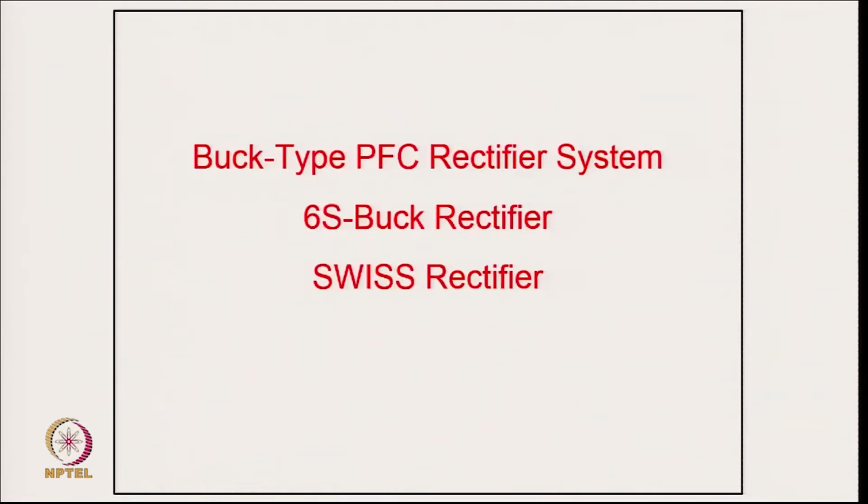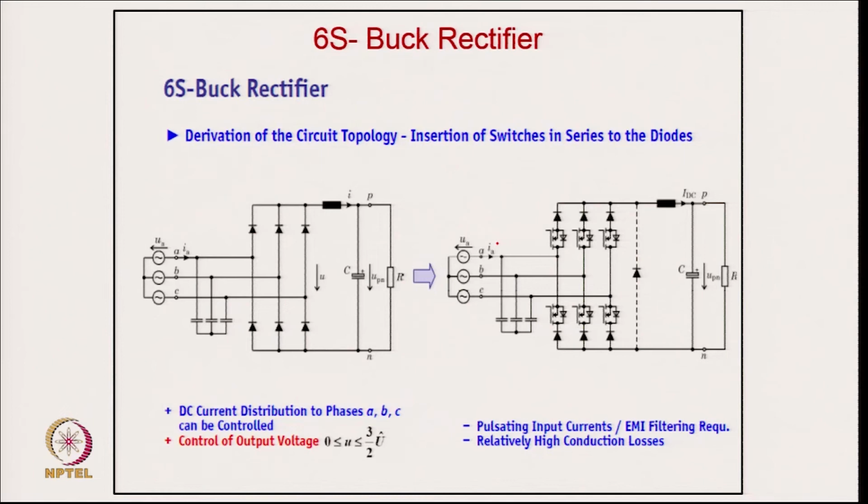Now, coming to a buck type power factor correction rectifier system with the 6 switch rectifier, this is similarly derived, similar to the complementary of the Vienna rectifier for buck operation. So, you have switches here with the capacitor, here also you have a pendulum current and certainly the output filter inductor.